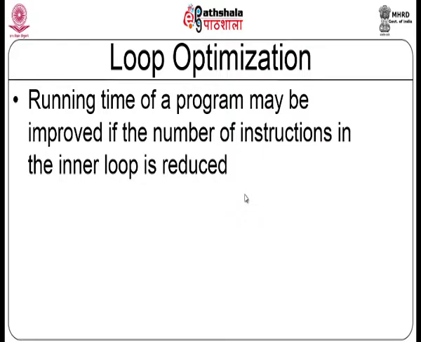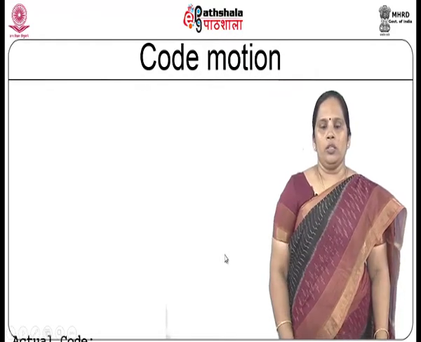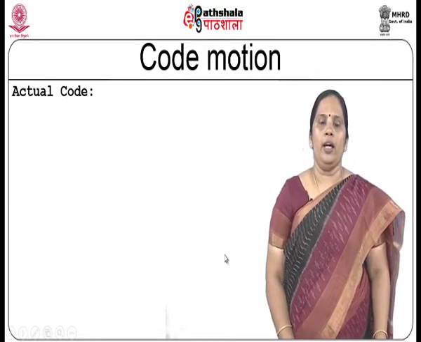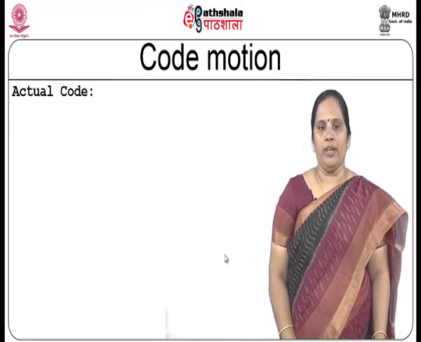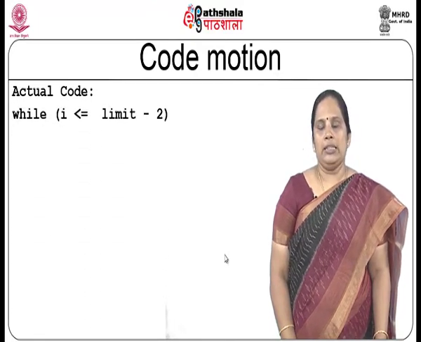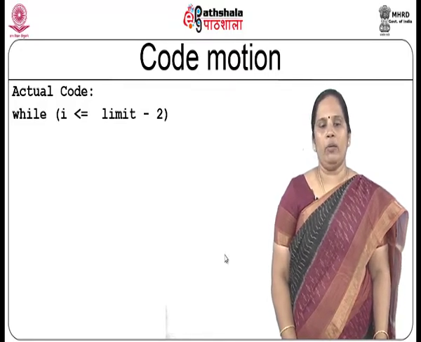Inner loop is one which does not have any loop inside it, so that is the smallest possible loop. Outer loops could have more instructions and outer loops could contain multiple inner loops also. So, here there are three optimizations possible with respect to loops. First one is code motion, the second one is strength reduction, third one is induction variable elimination.